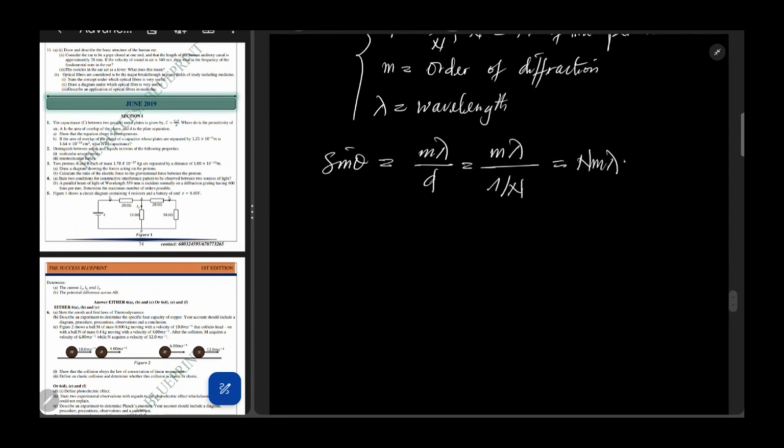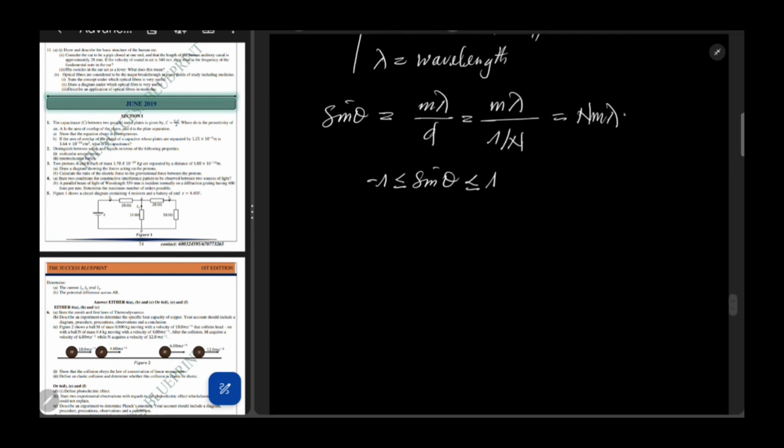Now from trigonometry, sine theta fluctuates between 1 and -1. That is, the maximum value of sine theta is 1, while the minimum value is -1. Linking this up, we have -1 is less than or equal to n m lambda, less than or equal to 1.